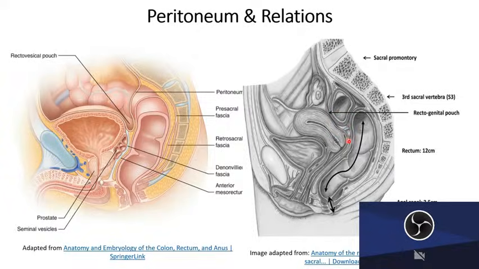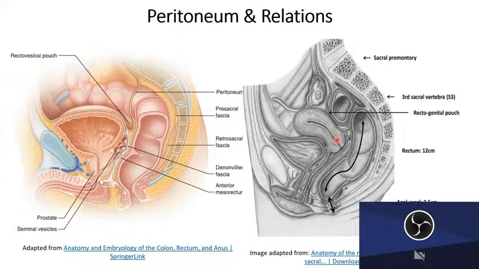But the difference is that in the male, the anterior relations of the rectum are the bladder, the upper part of the seminal vesicle, as well as the ductus deferens, or vas deferens. For the female it is quite different.